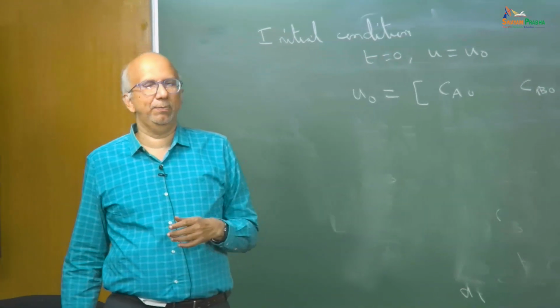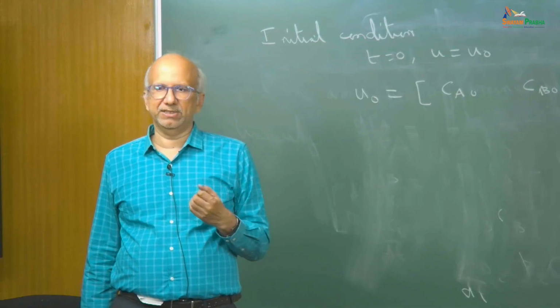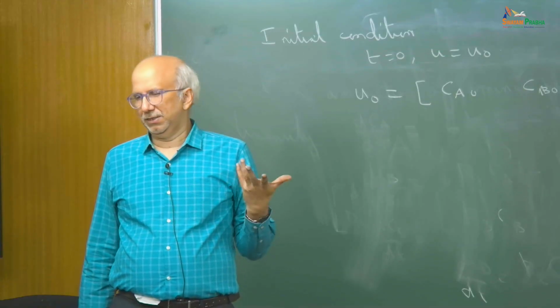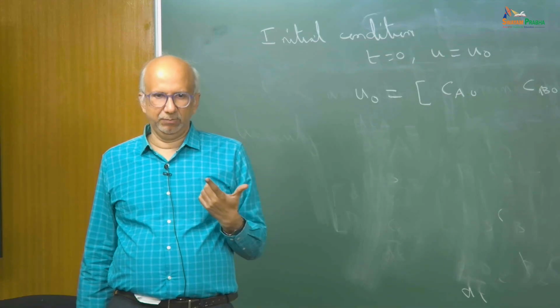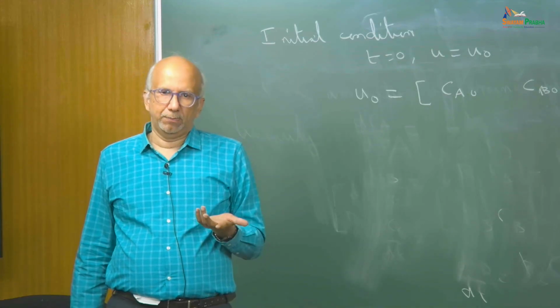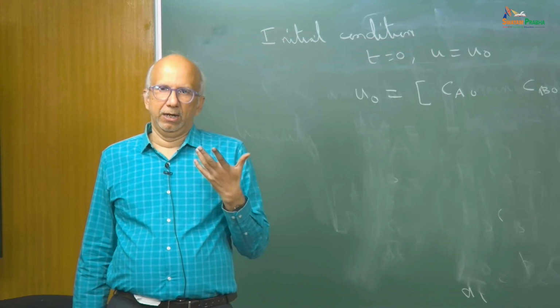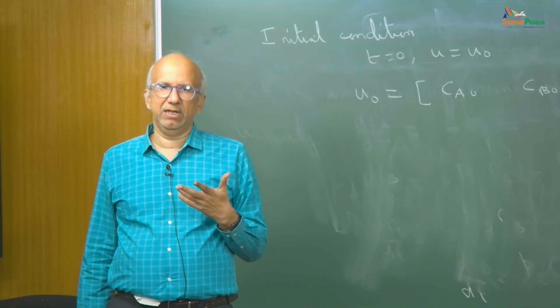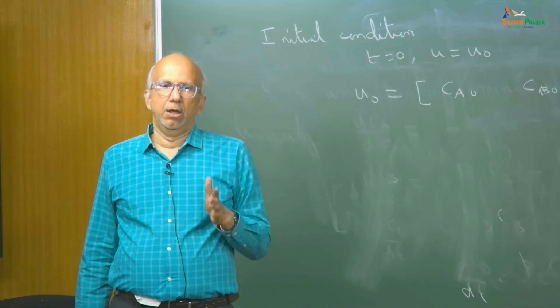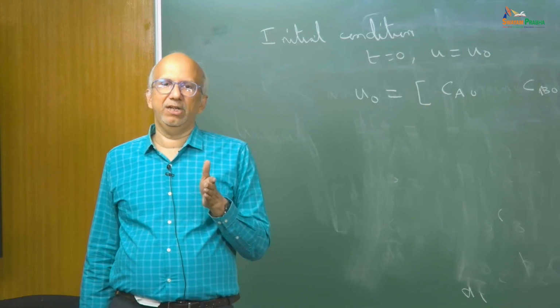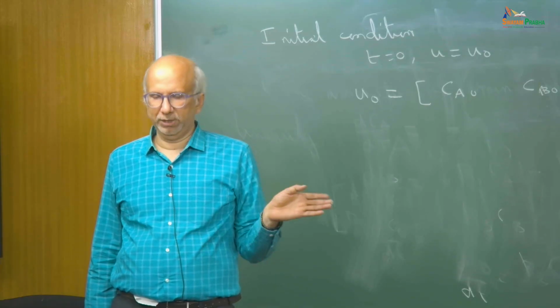But as far as mathematics is concerned, t is just a variable. You could also have problems of the nature of initial value problems where the independent variable is not time. I will give you an example.